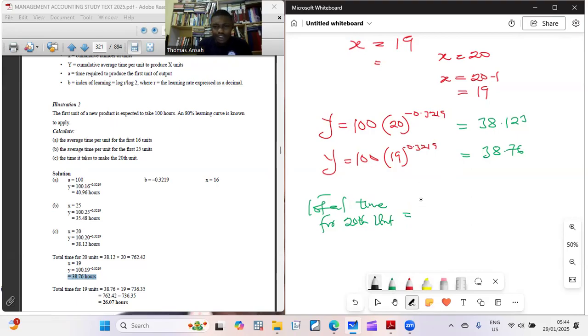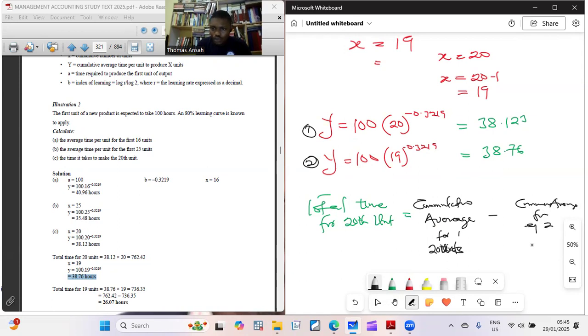So let's say cumulative average, you do this as equation 1 and equation 2. So for 1, for the 20 units, minus the same cum average for equation 2, which is for 19 units.